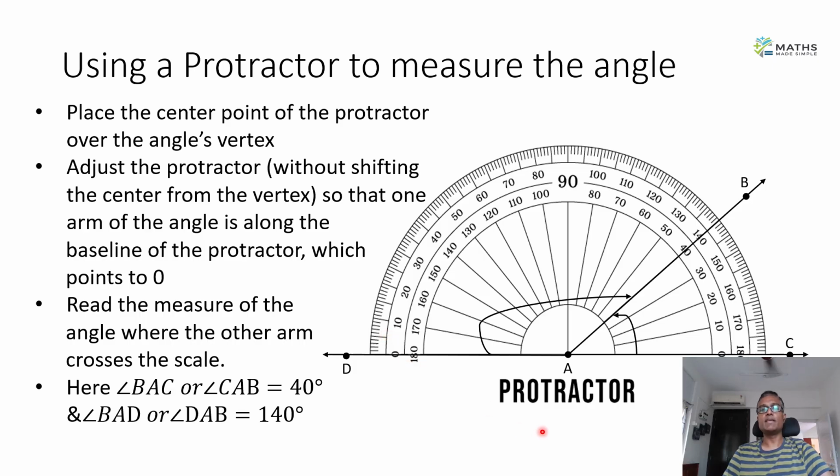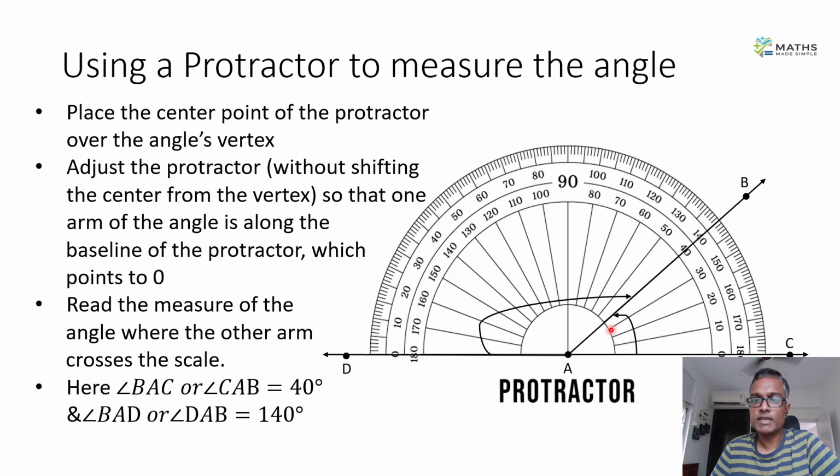Once we have placed the protractor, we just need to read the measure of the angle where the other arm crosses the scale. For example, while measuring angle BAC, we kept the protractor so that the center of the protractor aligned with the vertex A and the inner 0 degree was in line with ray AC.